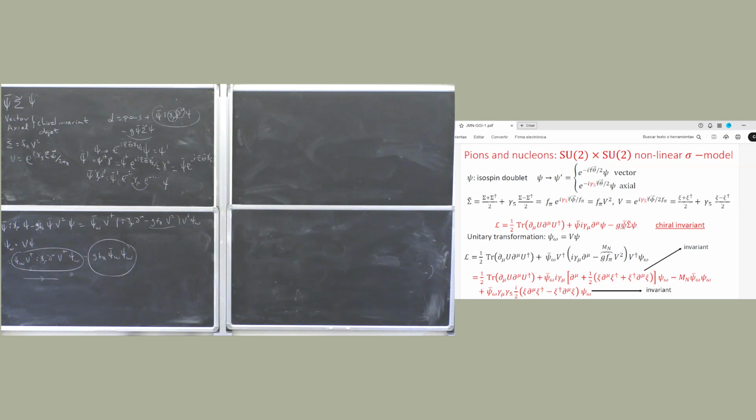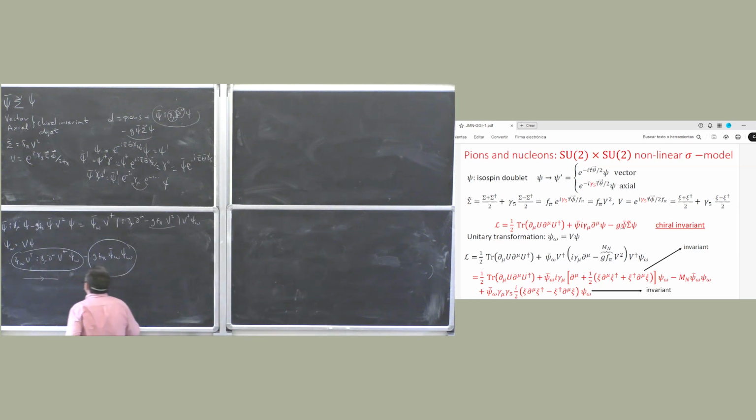And everything is just determined by f pi, the nucleon mass, and by requiring chiral symmetry, because I have written a Lagrangian involving nucleons and pions that is consistent with chiral symmetry. Does it make sense?